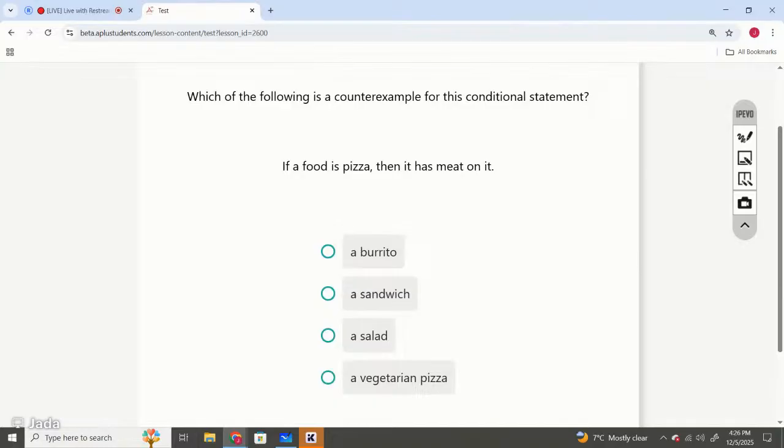If a food is pizza, then it has meat on it. A burrito, a sandwich, a salad, a vegetarian pizza.